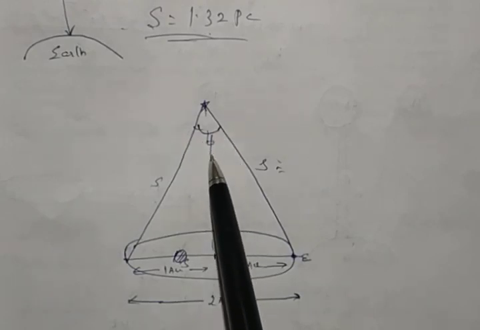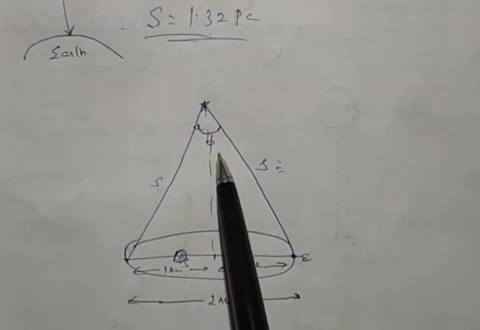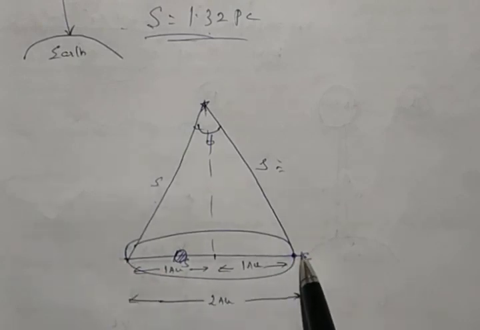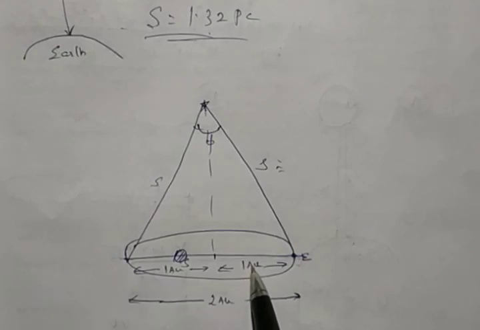The angle we need to calculate. When Earth has come from this side to this side, it has traveled this much distance. If you take the complete diameter of the orbit, 1 astronomical unit is the radius, and another astronomical unit, so the total value is going to be 2 astronomical unit.